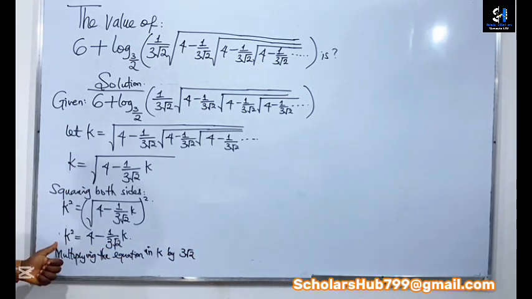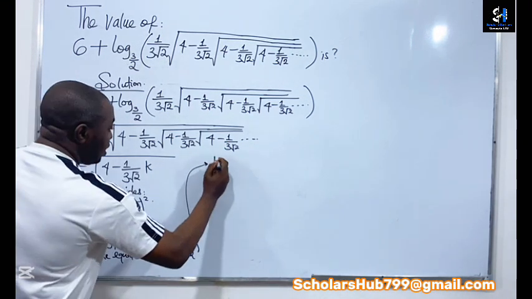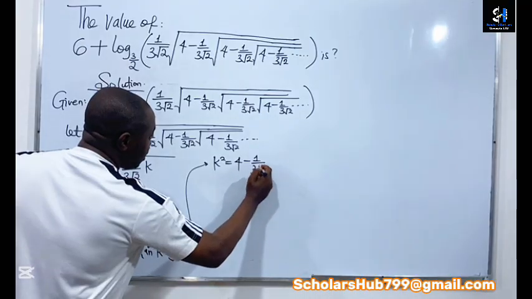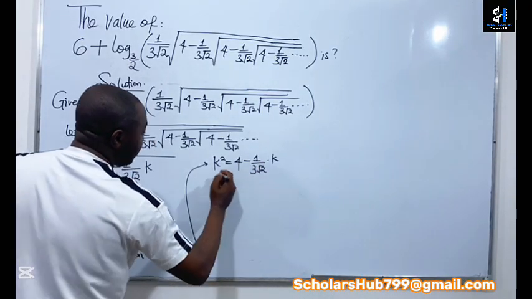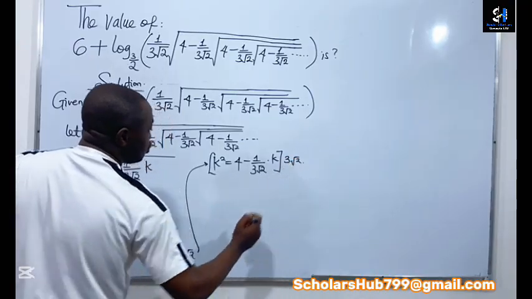So let me write it here. We're going to have k squared equals 4 minus 1 over 3 root 2 multiplied by k. So this will be multiplied by 3 root 2.